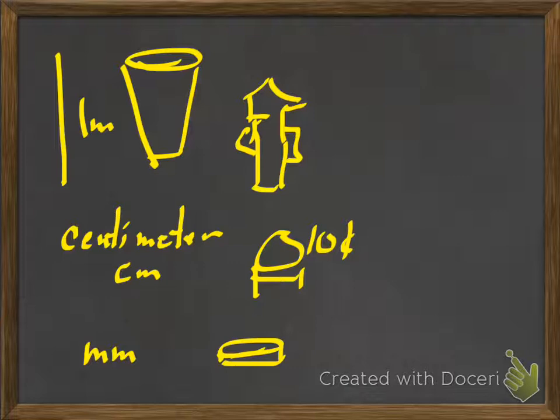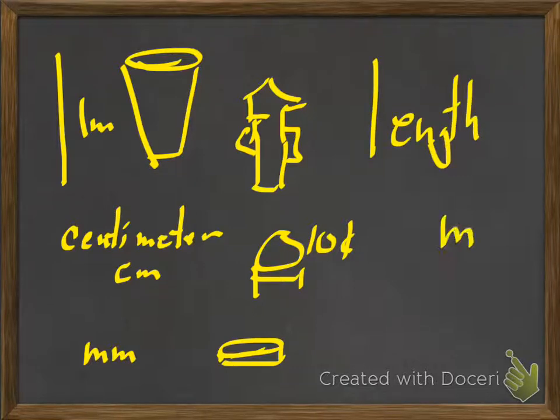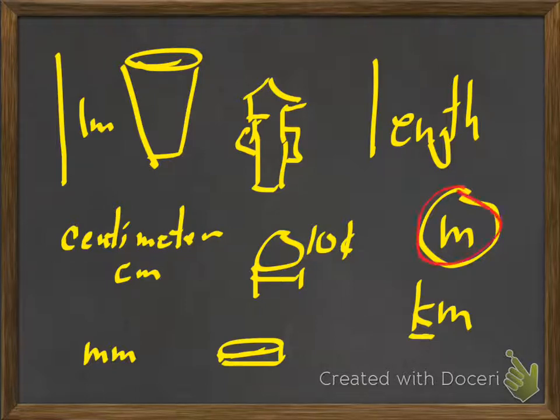So those are all length units, and in length terms, our basic unit is going to be the meter, and we can modify it. I guess I should talk about the big one, a kilometer. That's 1,000 meters, and that's basically about 6/10 of a mile. So in length, we're going to use the term meter.